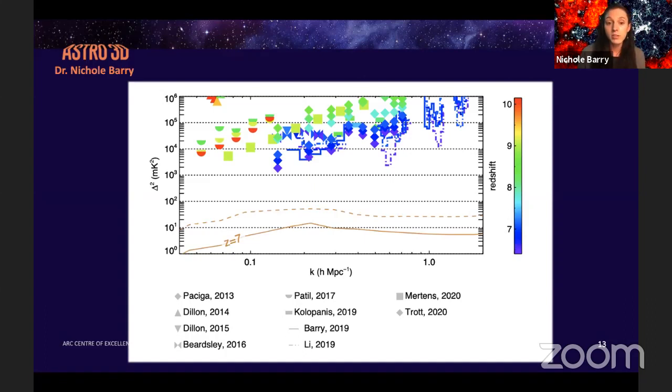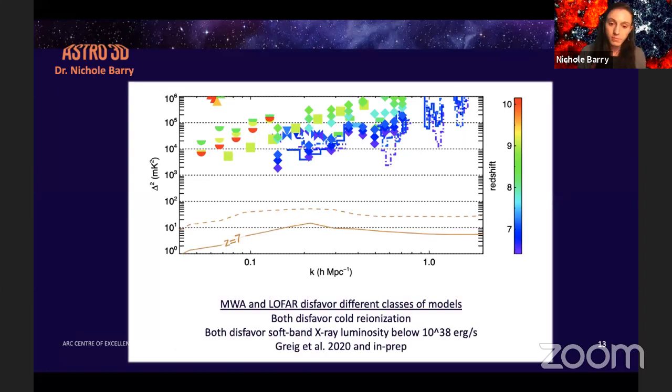However, we're starting to get to a regime where we can rule out certain models of the Epoch of Reionization. In particular, LOFAR and the MWA are very complementary because they're taking data at different redshifts. Together you can use them to disfavor a wide class of models.